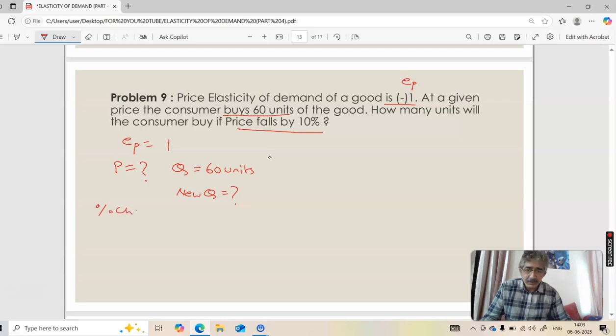Percentage change in price is given, not change in price but percentage change, which is 10%.